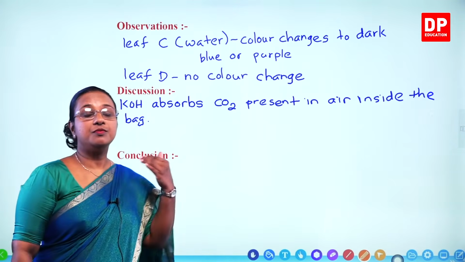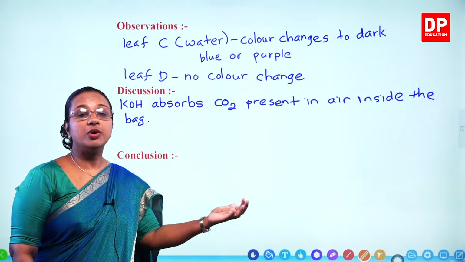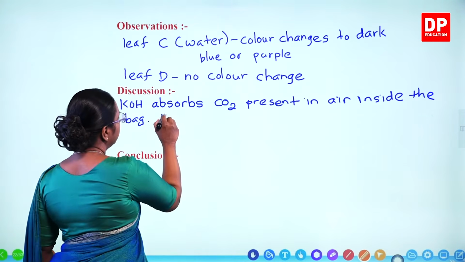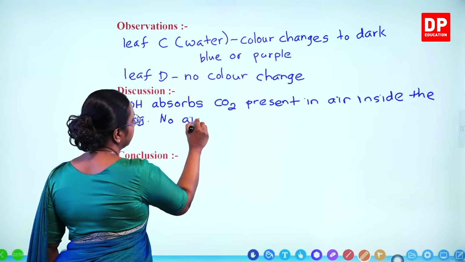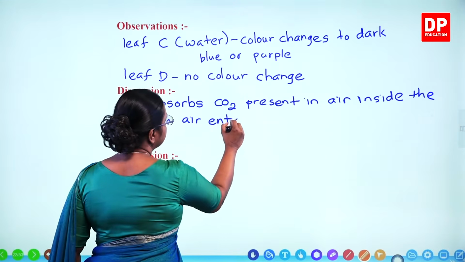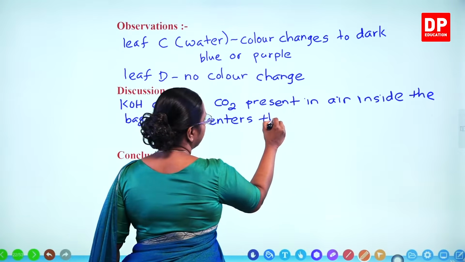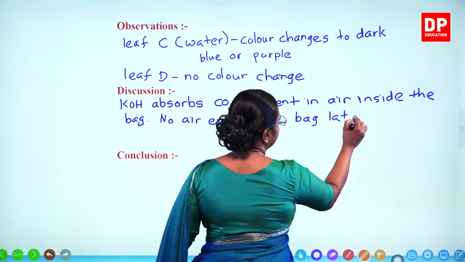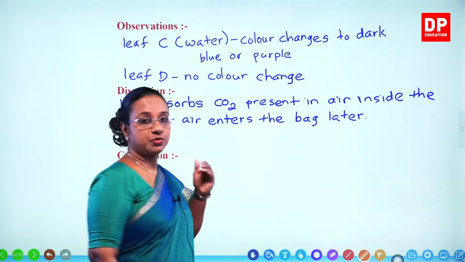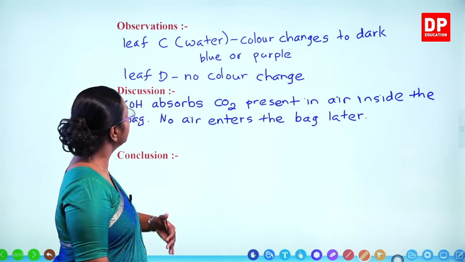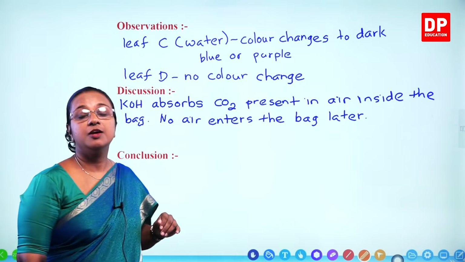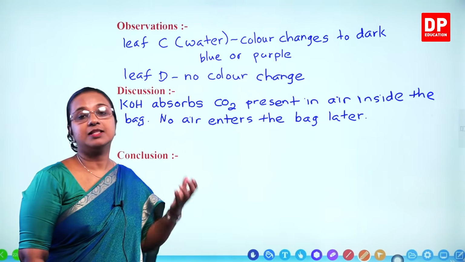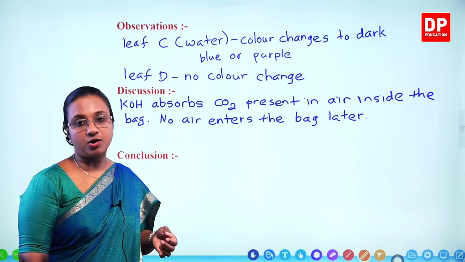And also we make sure no air comes into the bag. So no air enters the bag later. So that means there was no carbon dioxide for leaf D. But for leaf C, there was enough carbon dioxide.